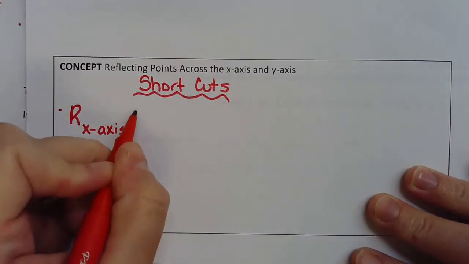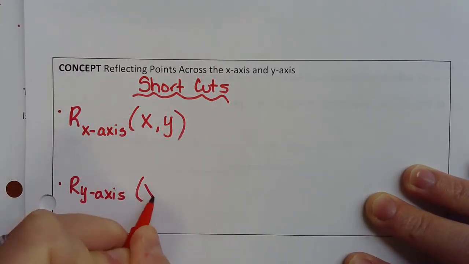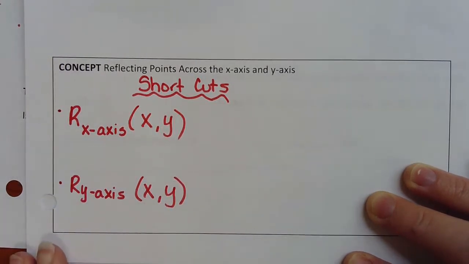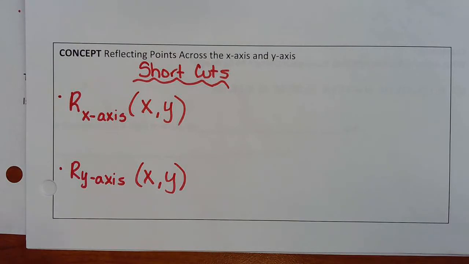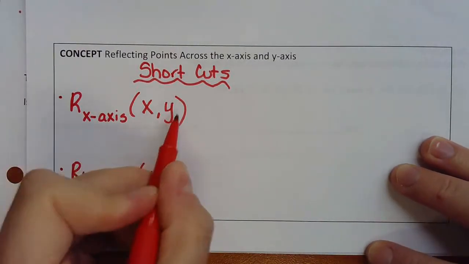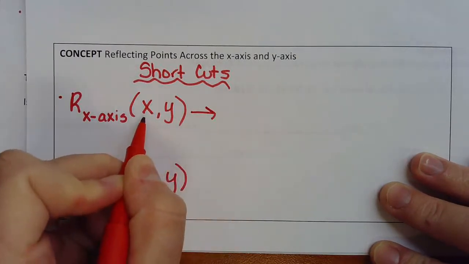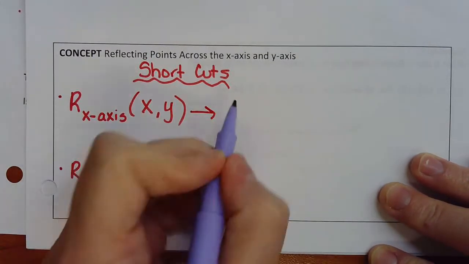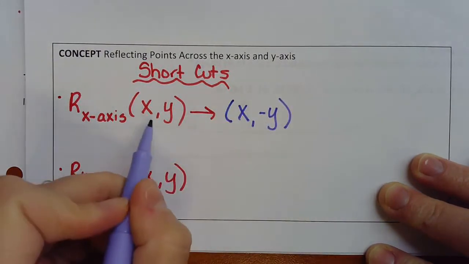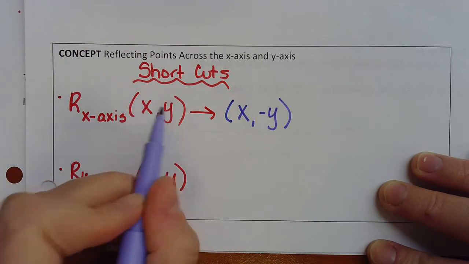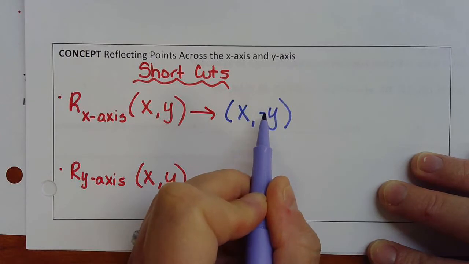When you are reflecting, you're going to reflect each coordinate separately. So you're going to take a look at each x, y coordinate, and I'm going to walk through a couple of examples to help you see what this looks like. If you take an xy coordinate and reflect it over the x-axis, that coordinate becomes x and then the opposite of y. So the coordinate stays in the same order, x, y, but when you reflect over the x-axis, the y value changes.